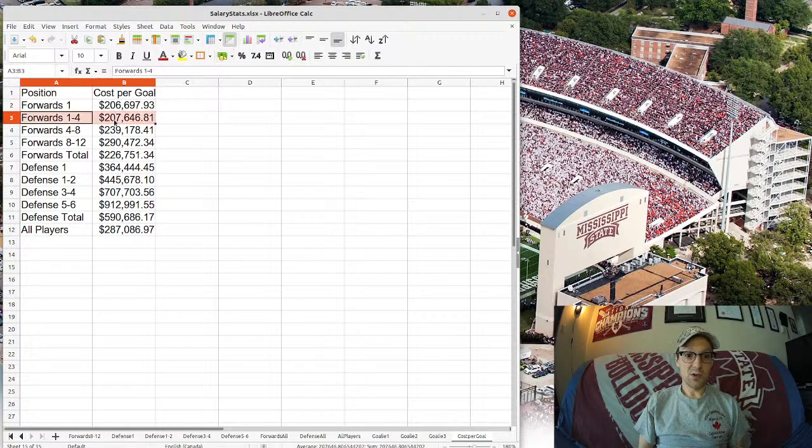Them included in the next grouping, so the top 4 forwards is slightly more expensive, $207,646, and then middle 4 forwards, $239,178, and then $290,472 for the bottom 4, and then the total cost per goal from all the forwards is $226,751.